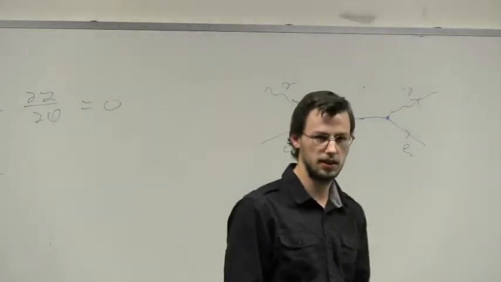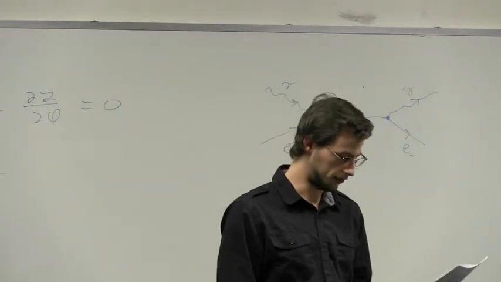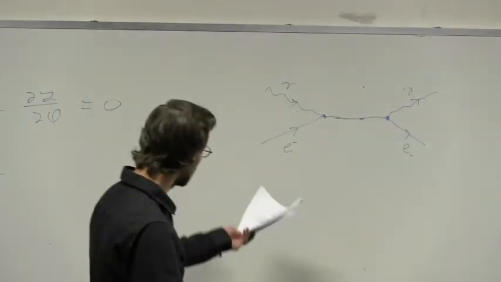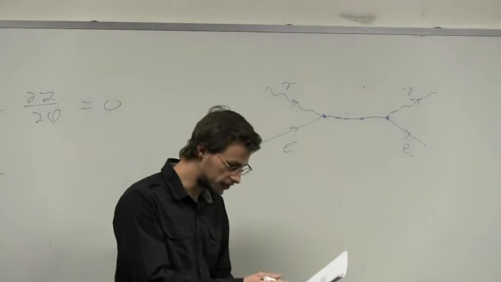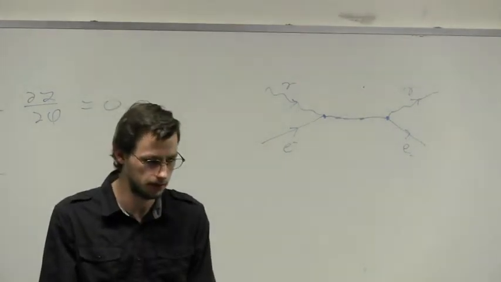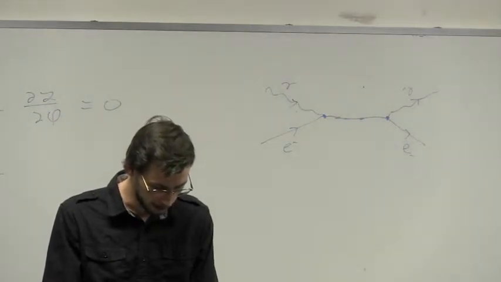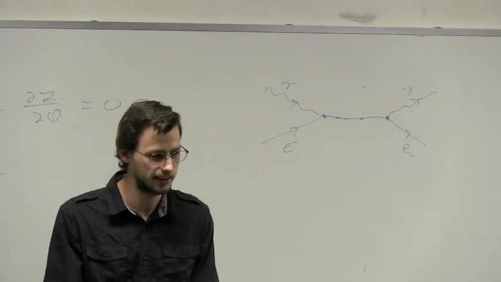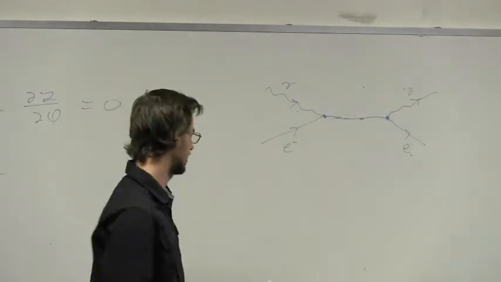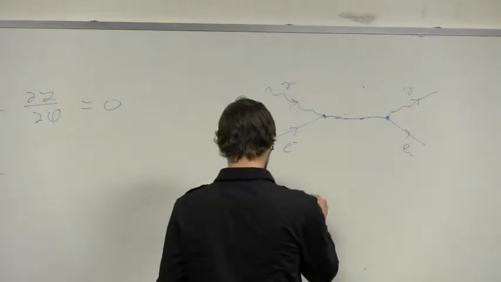If all of you have packets, that'd be great. If you turn to page 4, you'll see that this diagram corresponds to this lovely equation on the right, which would be a probability amplitude. And as you see, it's pretty nasty. I guess I'll write it for those watching on YouTube.